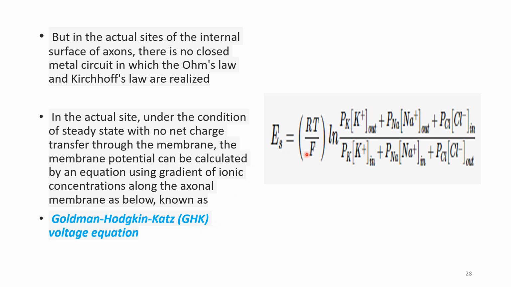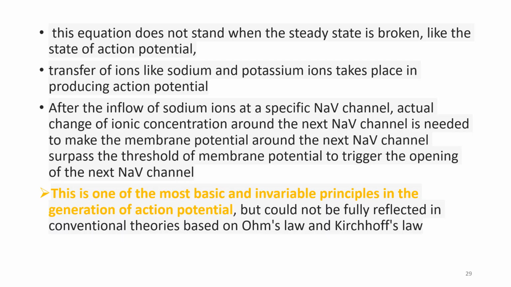So E equals RT by F, where F is Faraday's constant, T is temperature in Kelvin, R is the universal gas constant, ln, P means permeability, and this is concentration, out and in. So it depends upon the permeability and also upon the concentration of the particular ions. That equation is particularly applicable when the steady state is there.